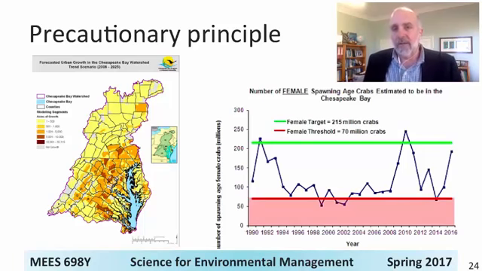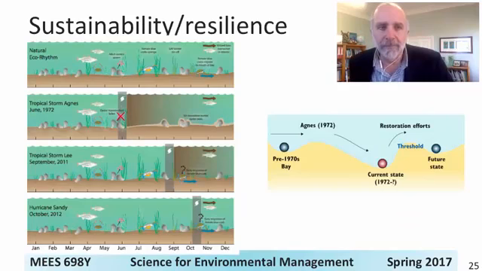And you can see that there was that and some good weather contributed to some good years, not so good, but the idea is they're finally focusing on the female threshold levels and trying to reach this target to have a sustainable population. So there's some promising signs on the precautionary principle.